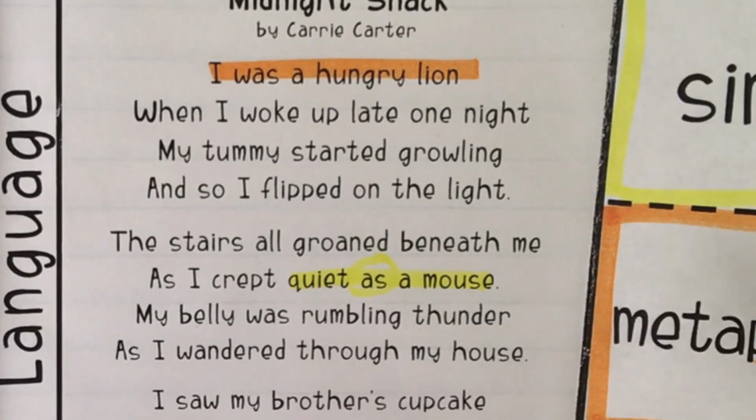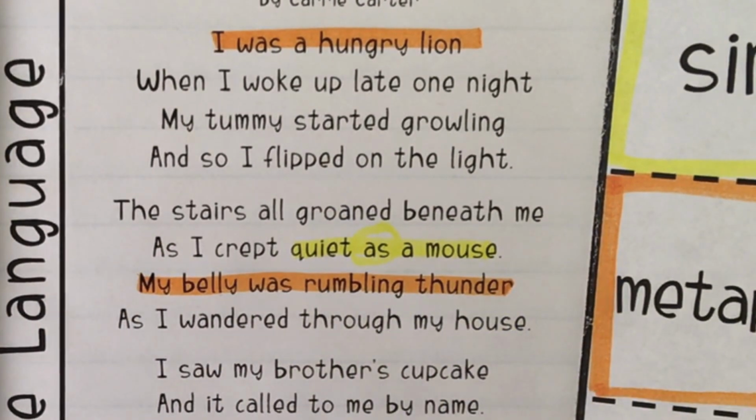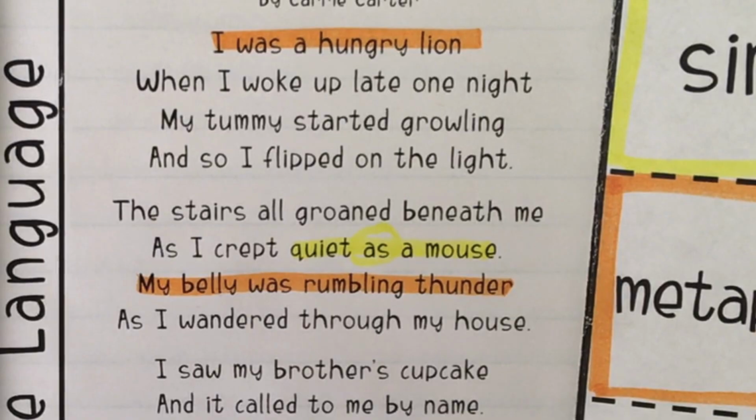And let's see. My belly was rumbling thunder. Is my belly actually capable of making thunder? No. But it does make noises when I get hungry. But I'm not just saying it was rumbling or my belly was making noises. I am saying that it actually was thunder. Of course it wasn't.